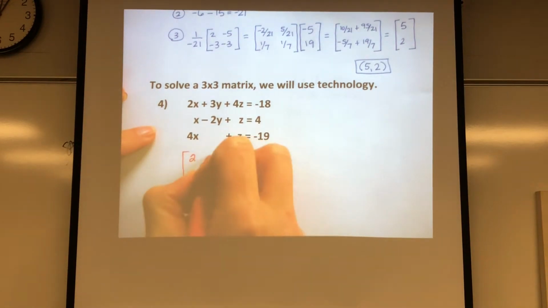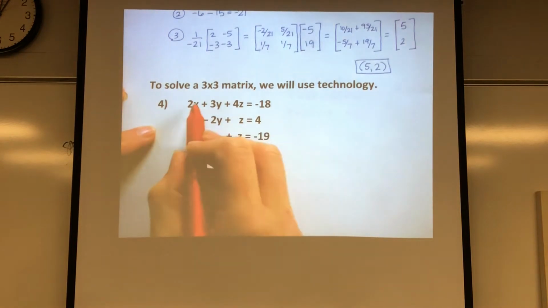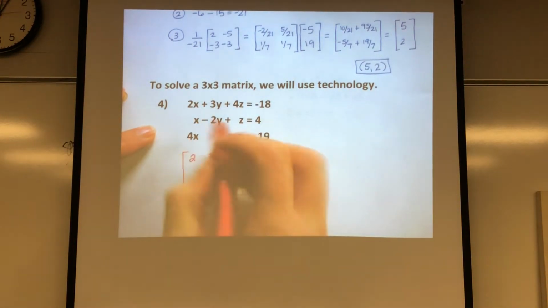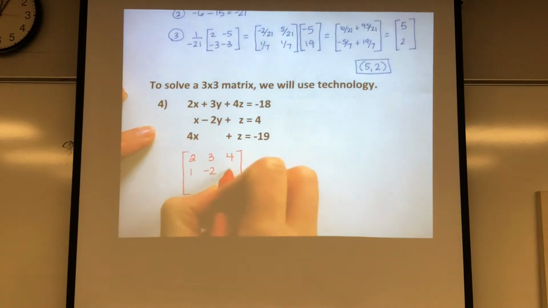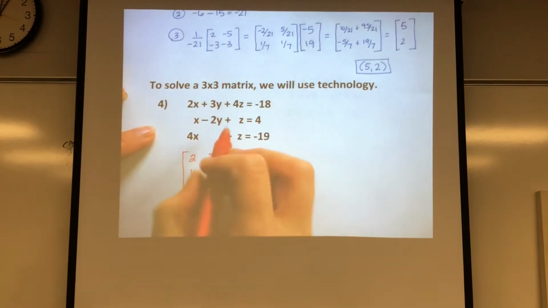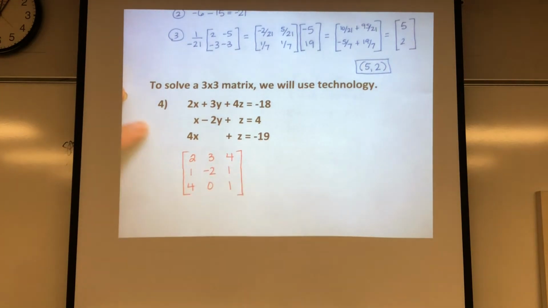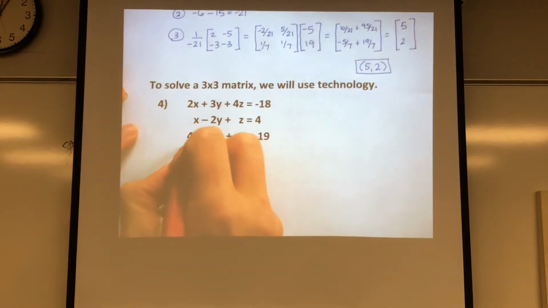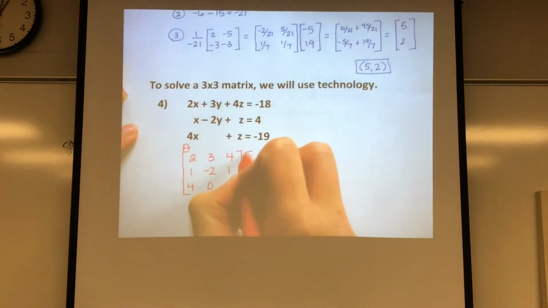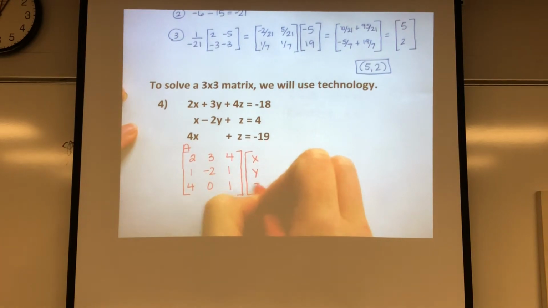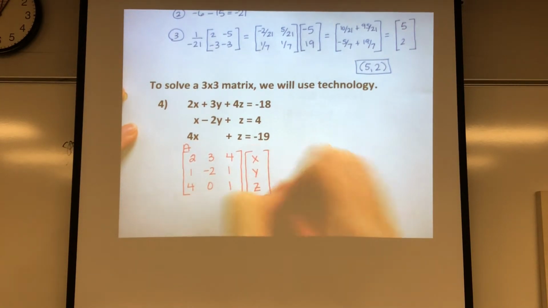So we have 2, 3, 4 as the coefficients of that first equation. 1, -2, 1. And then this last equation is missing the y, so we'll just put a 0 placeholder in for that coefficient. We're going to call this first matrix, matrix A. And we set up our work by doing matrix A times the variable matrix.